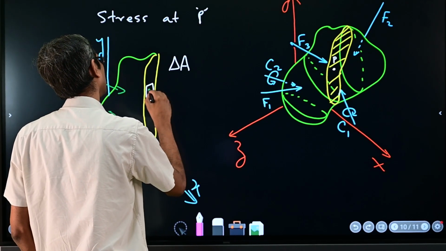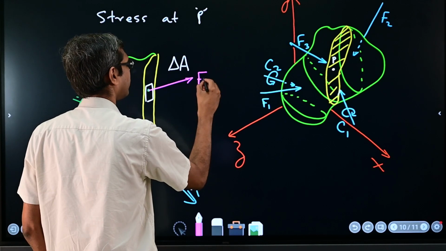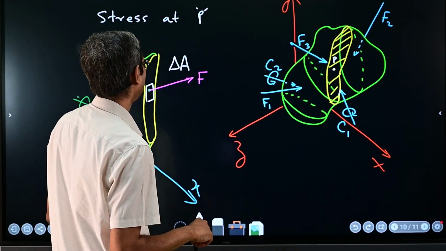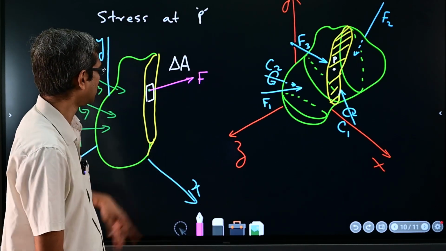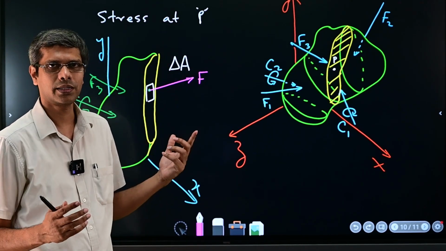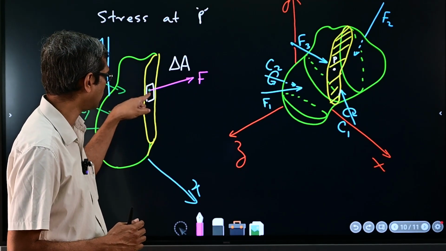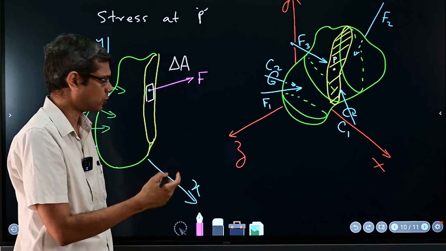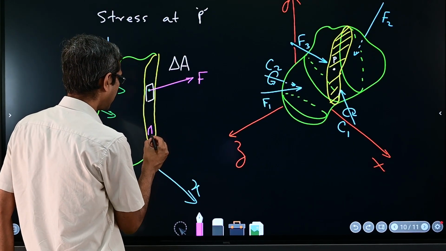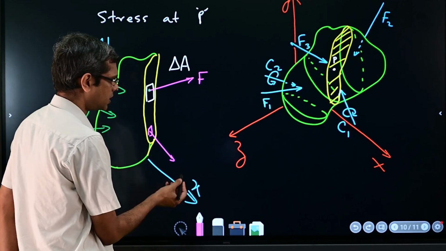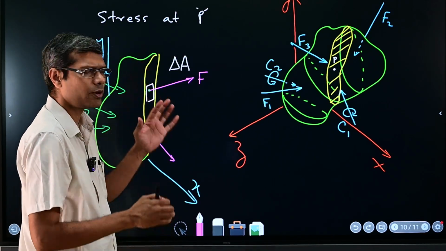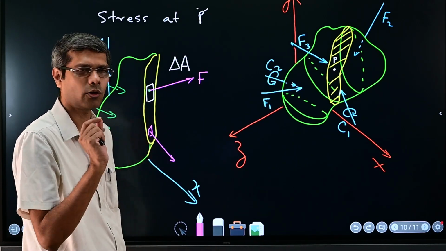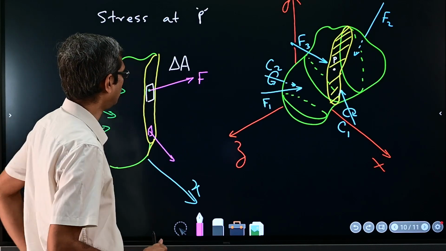Maybe it's called F. This was some arbitrary direction in which this force was acting at that particular location. If you consider some other area, this will be a completely different force. Maybe here if I take an area, the force could be in this direction. So every point will have different forces. We are considering that particular location in a very small area around P. Now suppose that force is F.